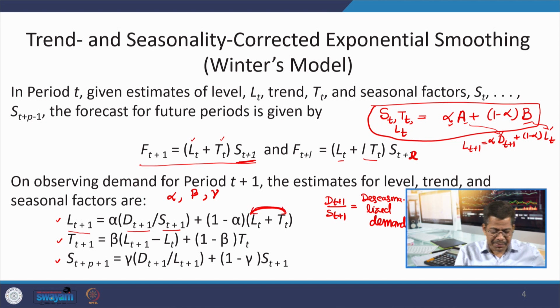Similarly, when I am calculating the updated trend, it is beta times L(t+1) minus L(t), that is the current level minus the existing level, plus 1 minus beta times T(t).